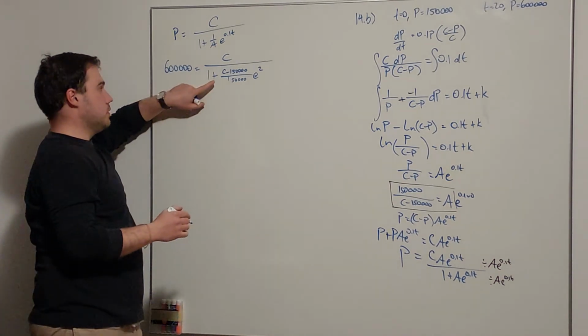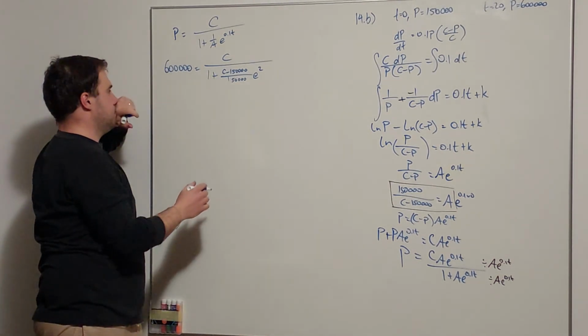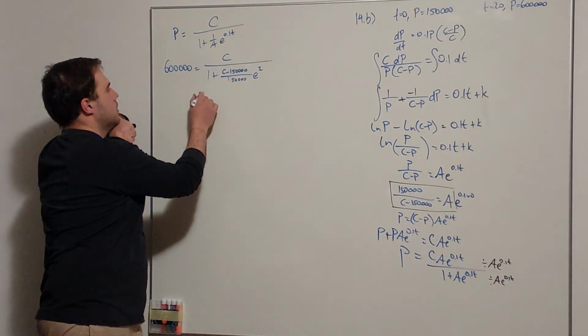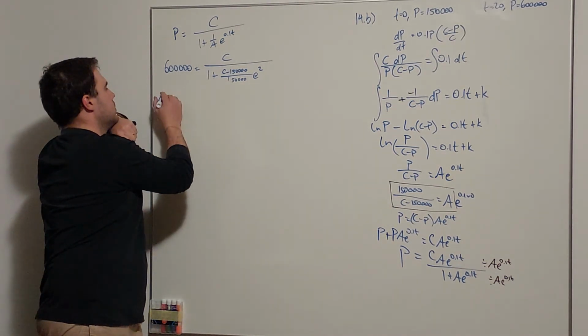Alright, so now we need to solve this equation for C. We've got 600,000.